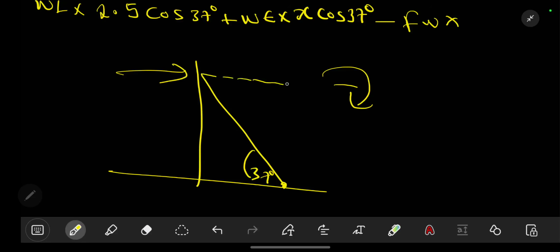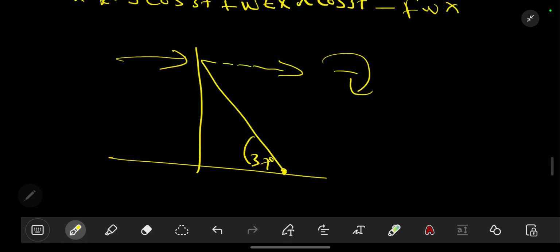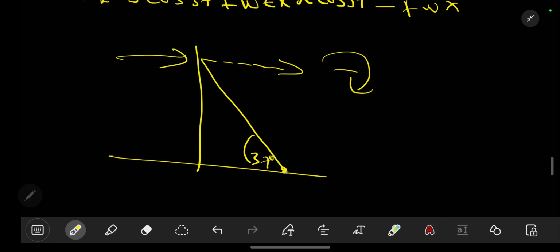We extend this one. We also extend this side like that. So we have something like this. So it's continuing like that. So then the separating distance is from here up to here. So this is what we have as our separating distance.